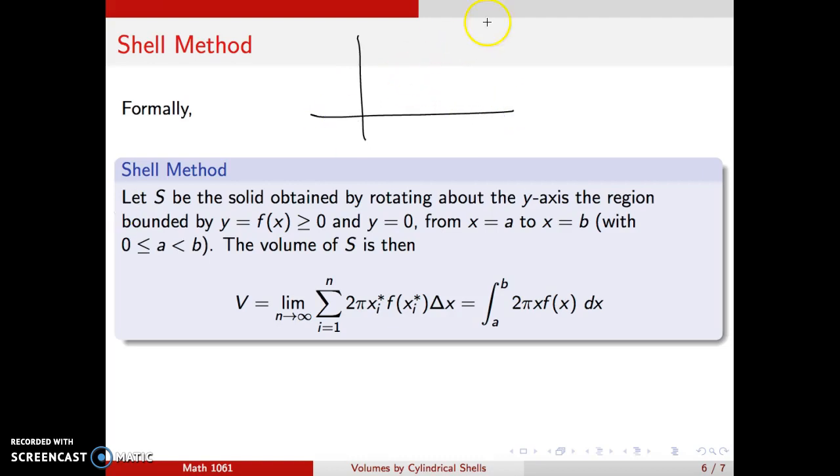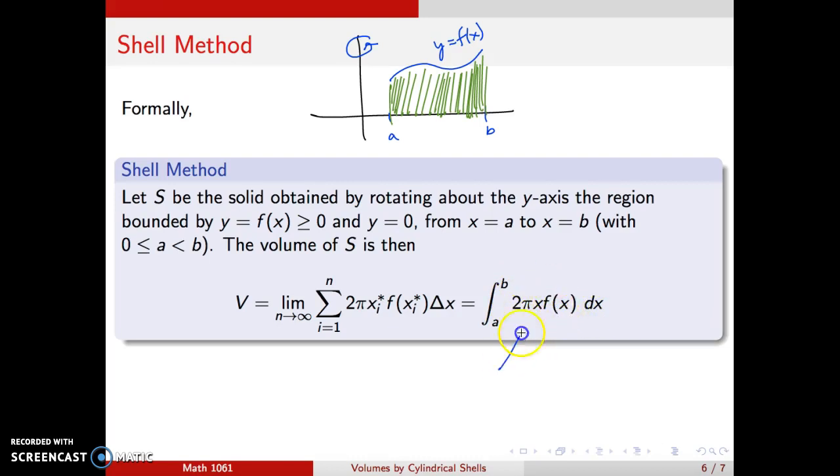I've got some function y equals f of x from a to b, and we're spinning that guy around the y-axis. Then the volume of the resulting solid is going to be the definite integral from a to b of 2 pi x times f of x dx.